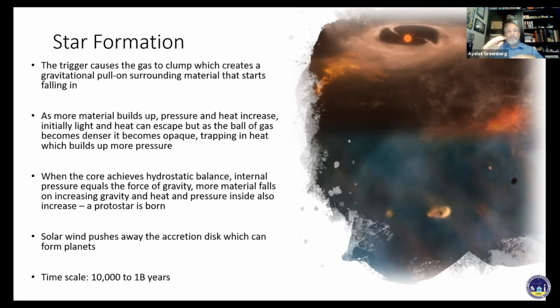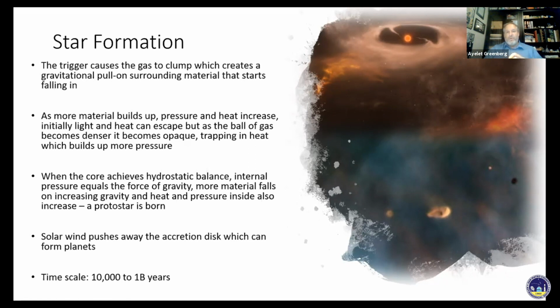As something disrupted this cloud of gas, enough material clumped together to start creating a gravitational pull. And then other material around it is going to start falling towards that area where more and more material is accumulating. This is how the process starts. And we're talking about a process that can take 10,000 years.